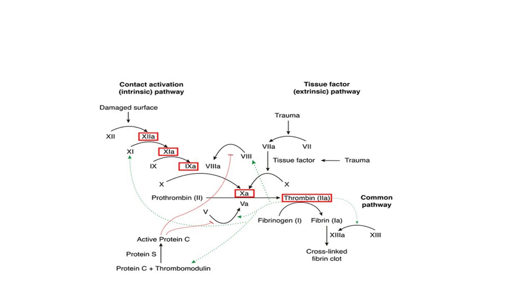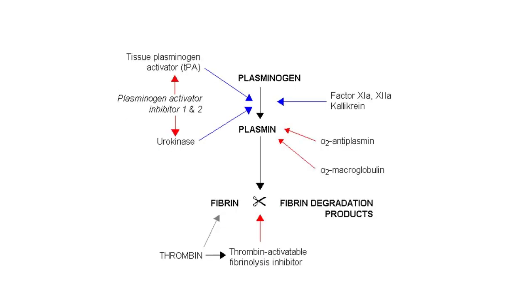This slide illustrates the fibrinolytic system, which is responsible for breaking down fibrin clots. The central component of this system is plasminogen, an inactive precursor circulating in plasma. Plasminogen is converted into its active form, plasmin, by plasminogen activators.